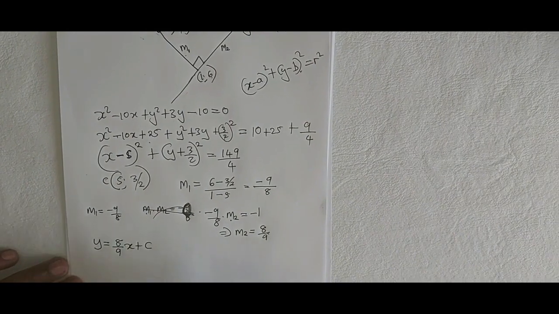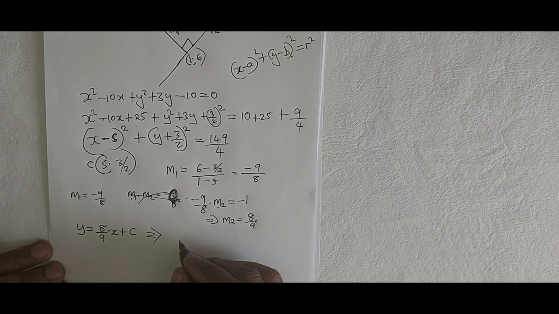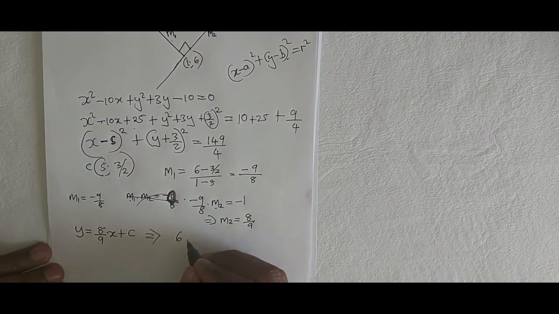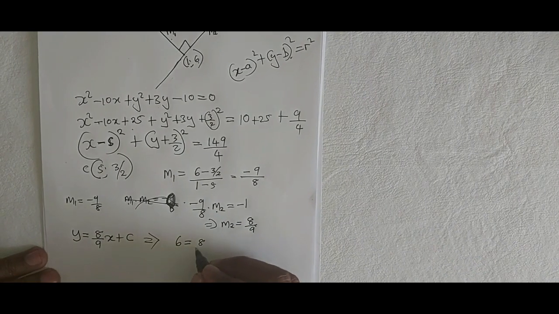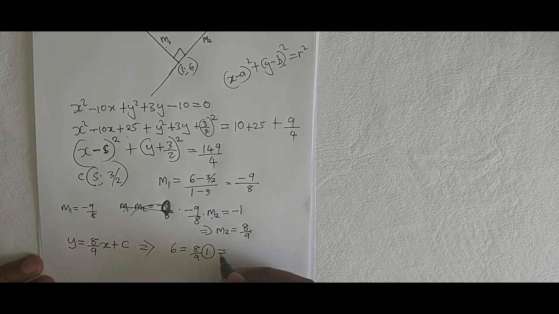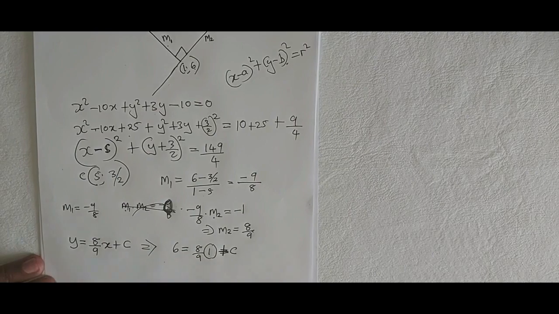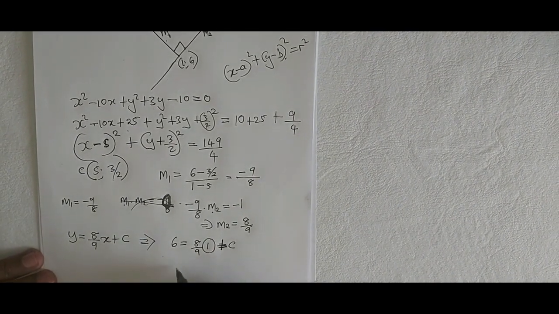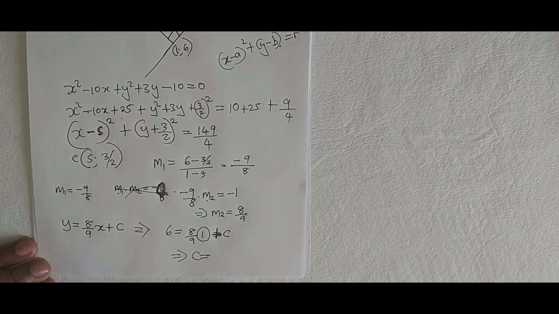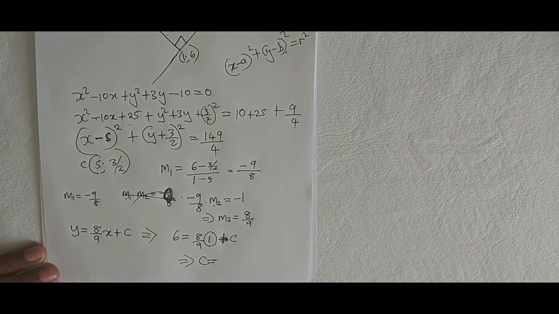Now we are interested in finding c. For us to find c, we say our y value is 6, equals 8 over 9 into our x value, which is 1, plus c. So 6 equals that, which means my c equals 6 minus 8 over 9.